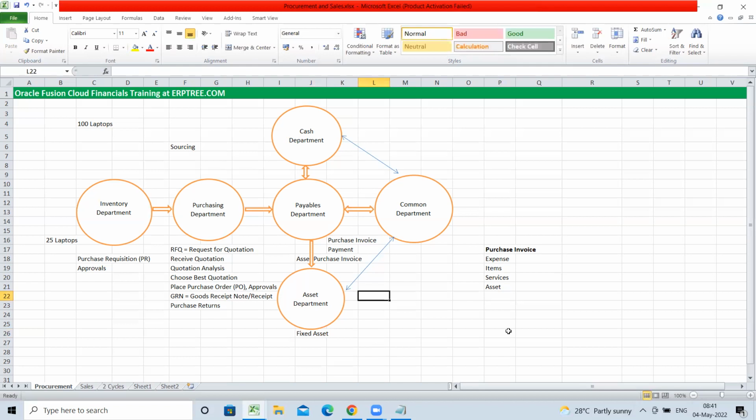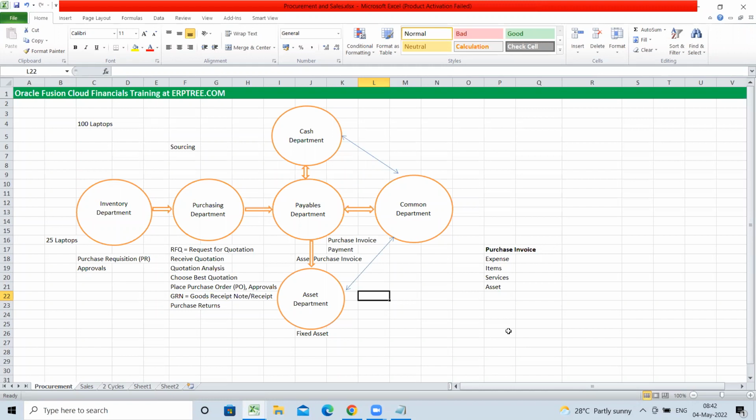So we purchase one plant, and for that we have to make the payment. So we create the purchase invoice and we may make the payment now or later. But the payables department will pass that asset related purchase invoice information to the asset department, so that they record in their books that one new plant is purchased.